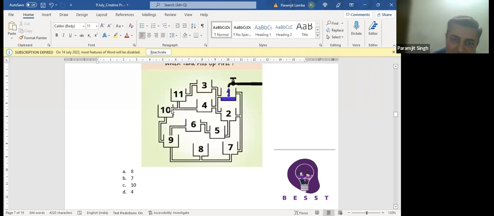So in 10, the water will keep rising till it reaches the top and it starts overflowing. Why? Because water in 4 will keep flowing till it reaches the level of 10. And even then the water will keep rising. So as soon as the water rises above the level of 10, it will overflow. So which tank fills up first? It is 10. Got it, everyone?